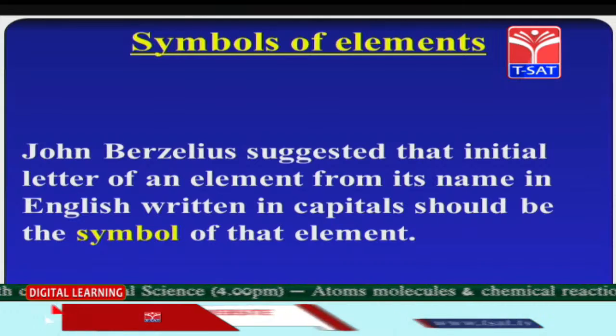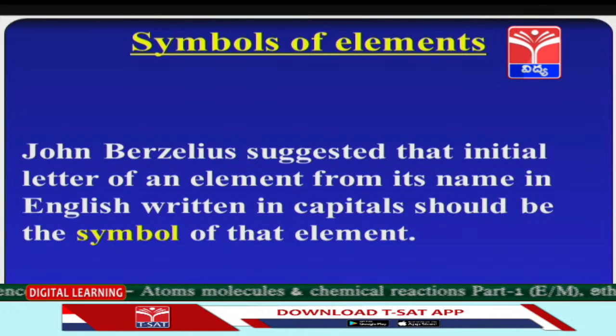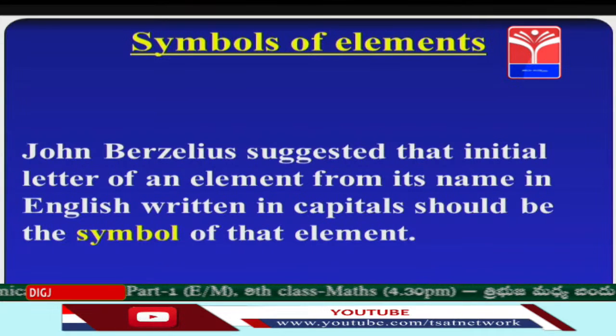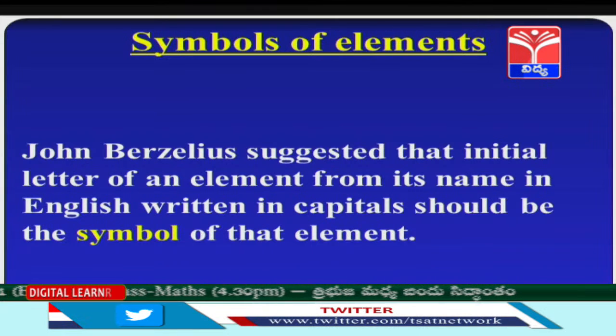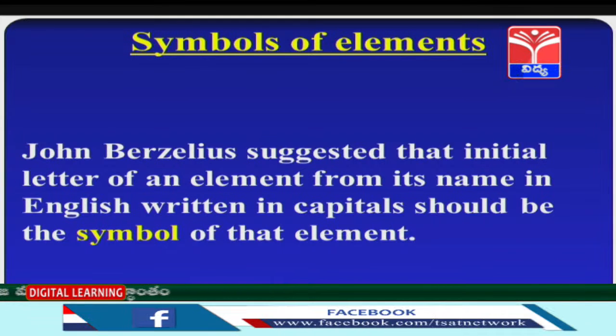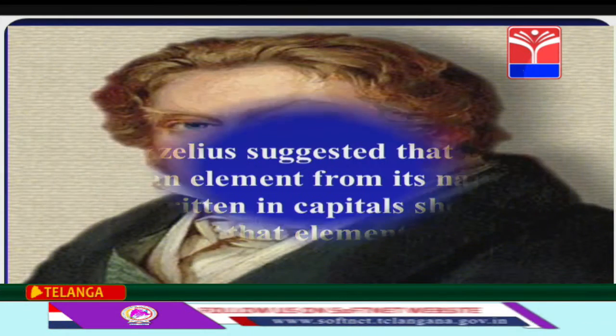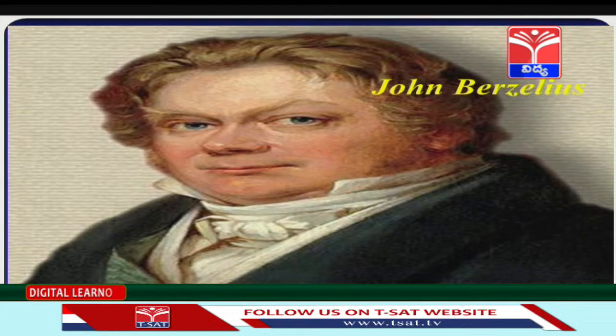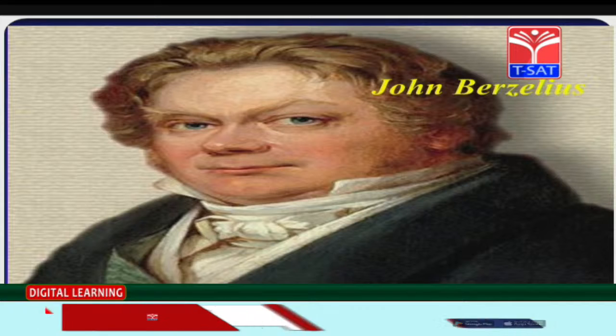So, children, John Berzelius suggested that the first letter of the element's name in English, written in capitals, will be the symbol of that element. So, he is John Berzelius. He has given us the rules to write the symbols of elements.